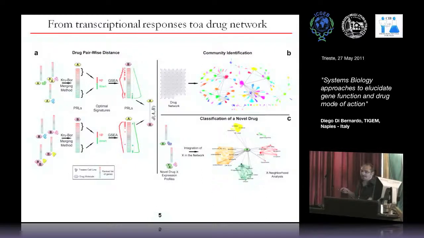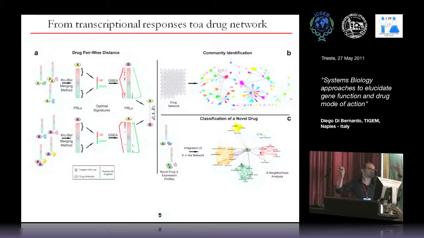And then we generated a measure of similarity between the transcriptional profiles of 2 different drugs. So for each drug, we have multiple expression profiles. We created a synthetic gene expression profile, which has a consensus list of genes that are up and down regulated. And now for each pair of drugs, we look at how similar the 2 synthetic transcriptional profiles are, and we generated the distance between 2 drugs.